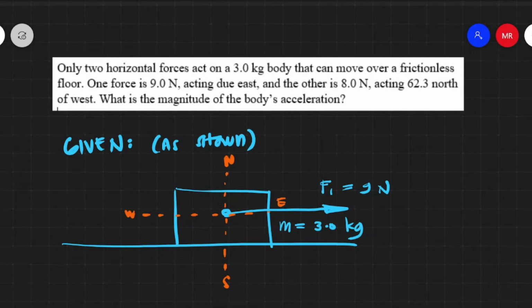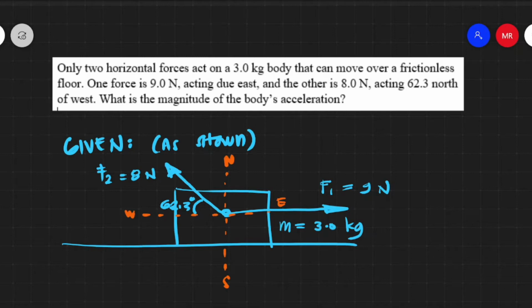So that force is located in this direction. This is your F2 equal to 8 newtons at an angle of 62.3 degrees north of west. So that is your angle.